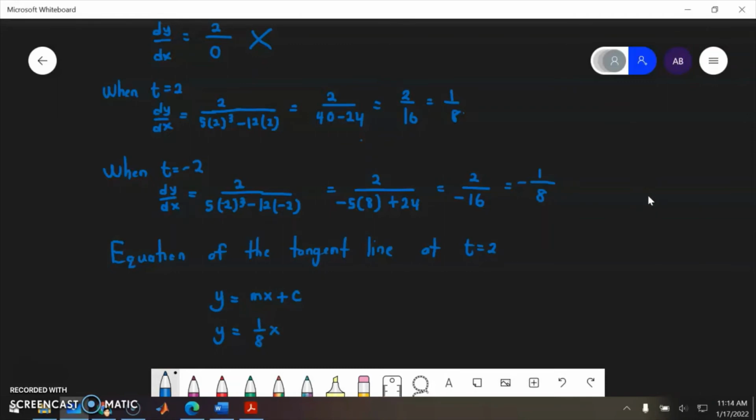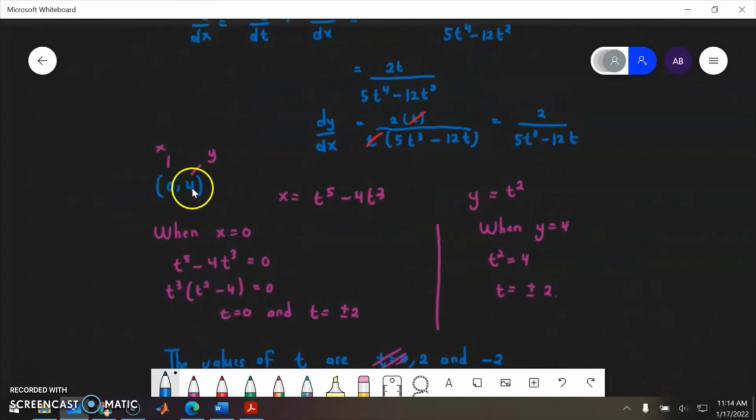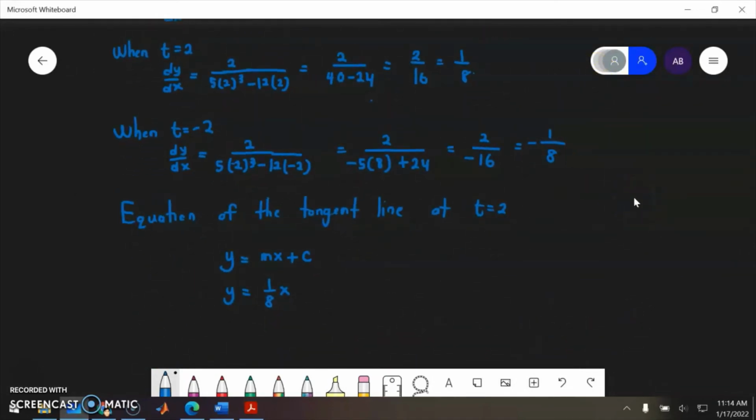Now what is c here? We know the point, the intersection point when x is 0, given the point 0, 4. So it's easy to see that c is 4. Okay, so that's our first equation.